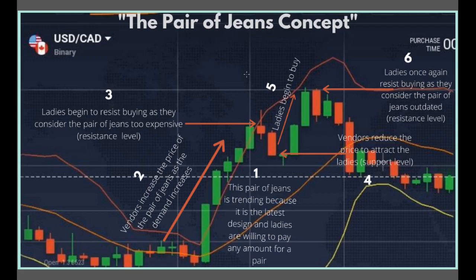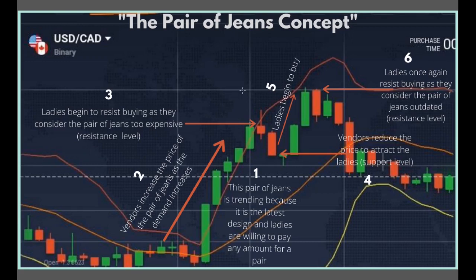A good mastery of the pair of jeans concept will enable you to draw the support and resistance lines like a pro. The support and resistance lines are scattered across the chart, and you must learn to draw these levels accurately, because they are potential exit and entry points.